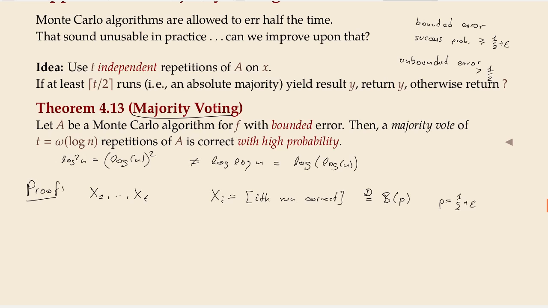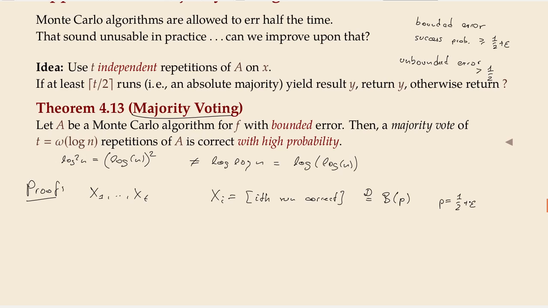If by any chance this probability for the algorithm to be correct depended on the input, as it did in the quicksort case, then we might have a different epsilon here for every input. But in this case, it's not a problem because we repeat the algorithm on the same input. Okay? So we know that there's a lower bound for epsilon that does not depend on the input.